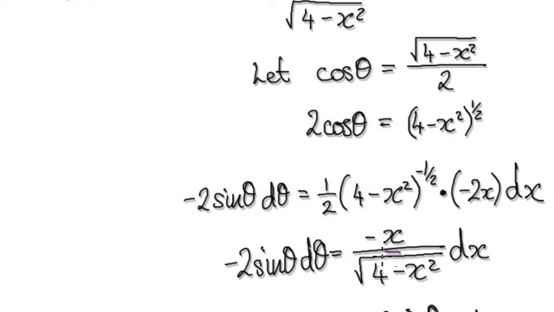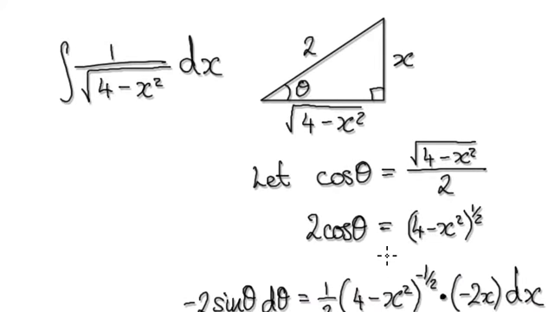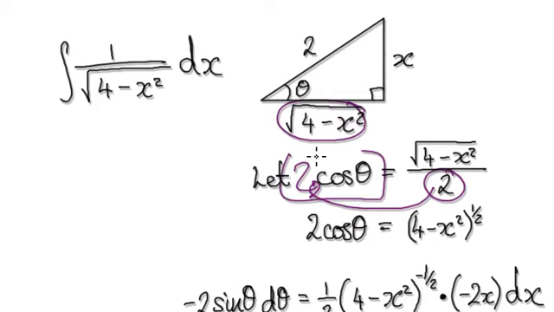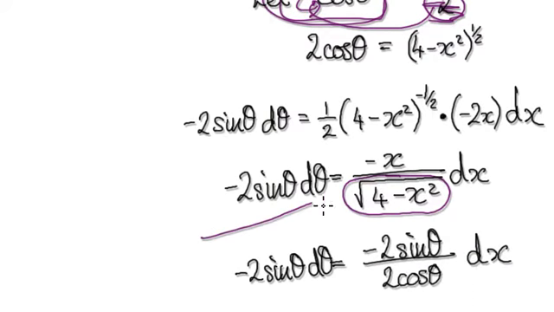Now, if you look at this here, going back to this diagram, this thing here is actually 2 cos theta.